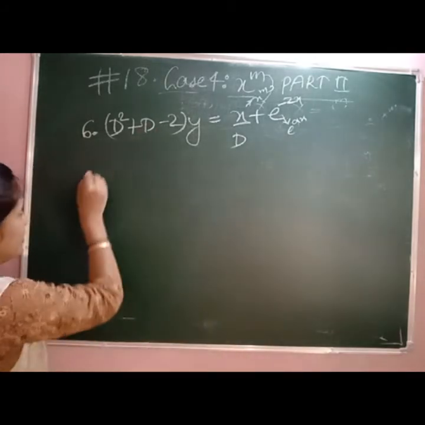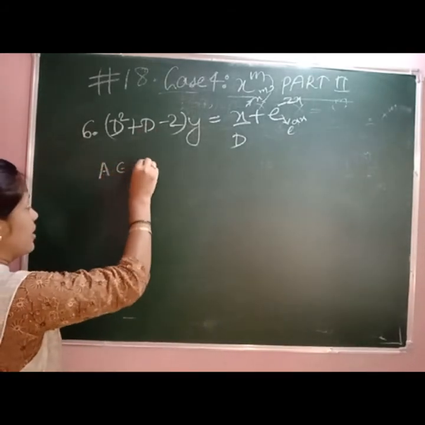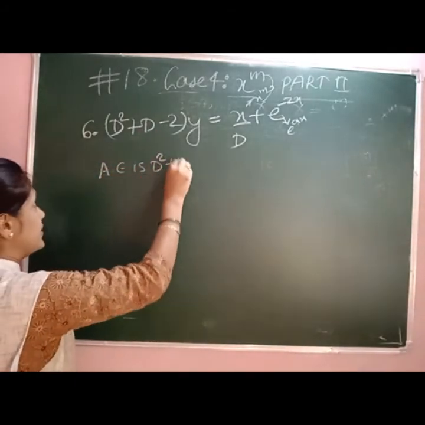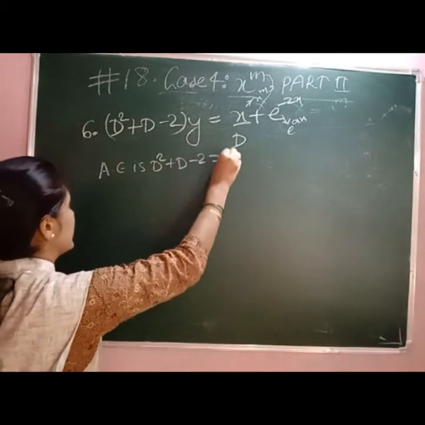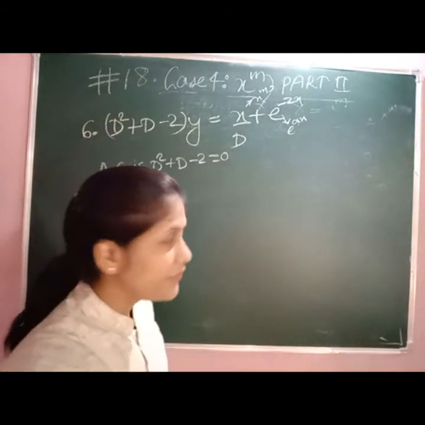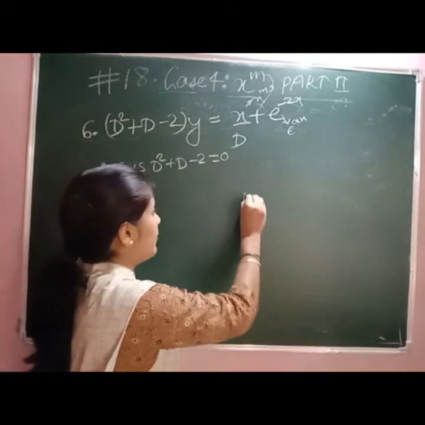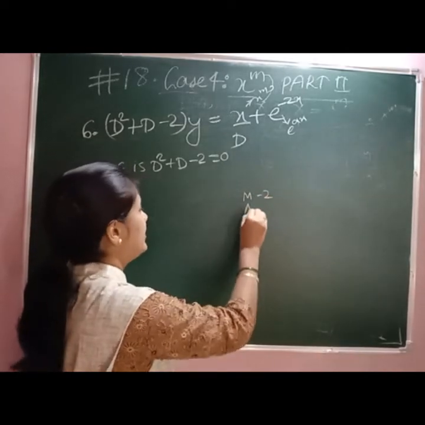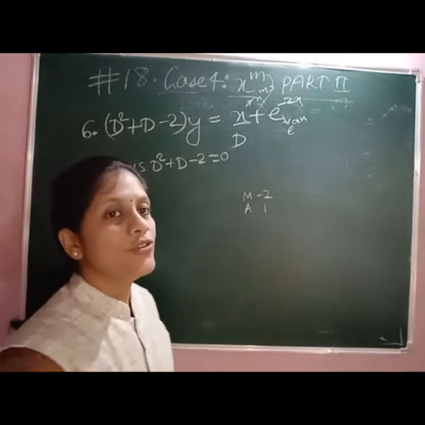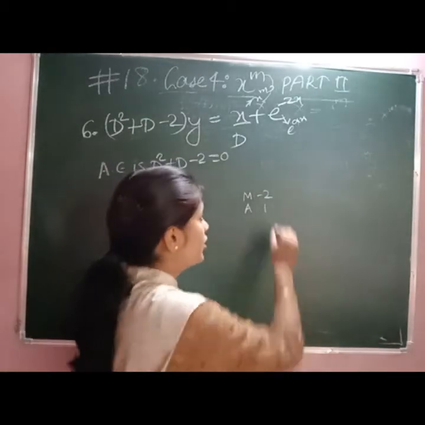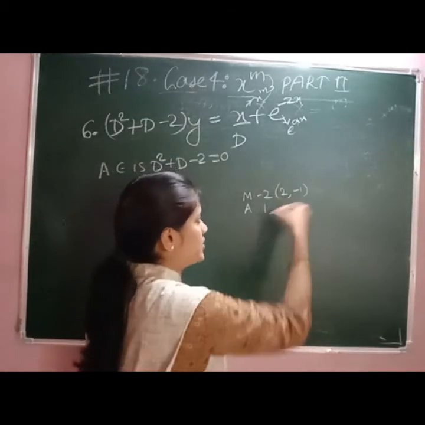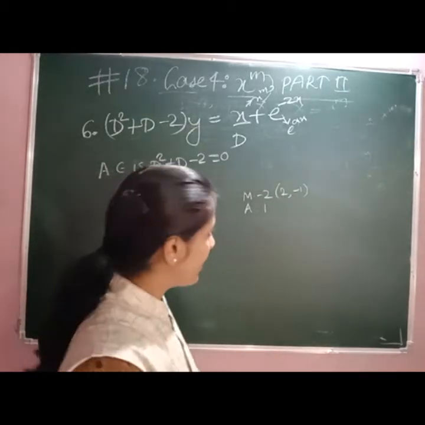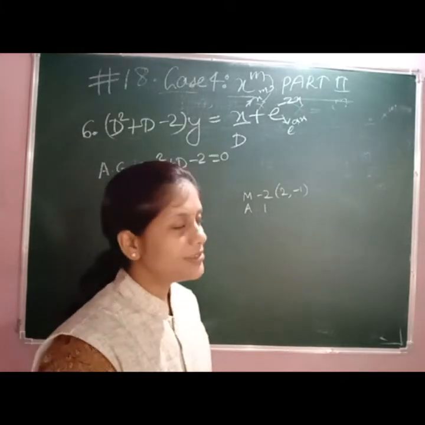Firstly, the auxiliary equation is D² + D − 2 = 0. How do we solve this? Quadratic: multiplication −2 and addition 1. What are the two factors? 2 and −1. 2 into −1 is −2, and 2 − 1 is plus 1.